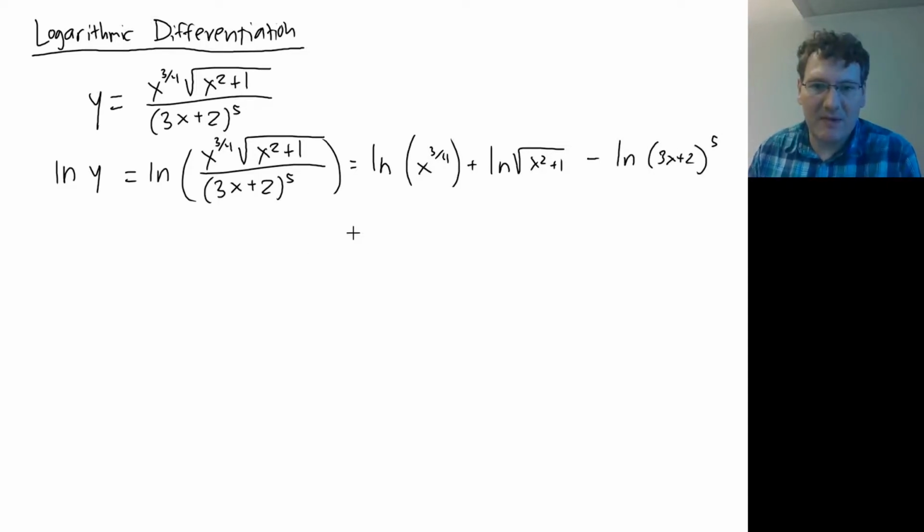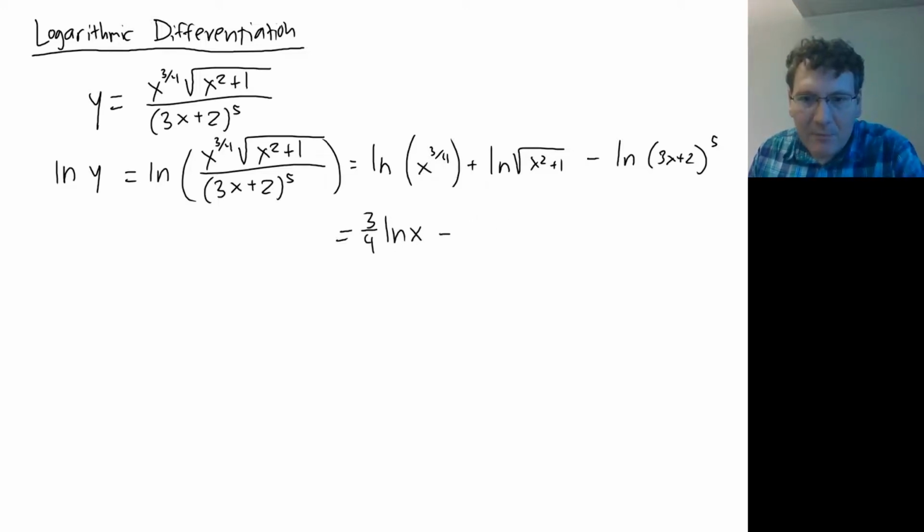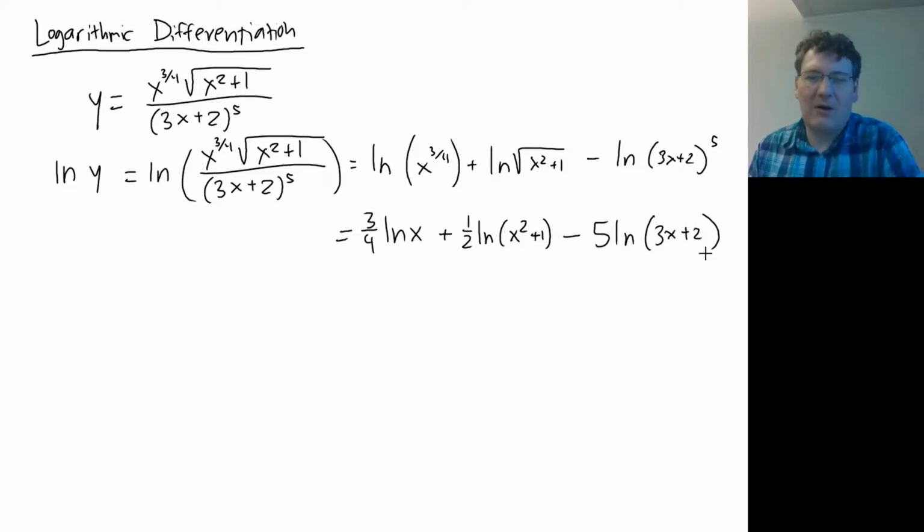But I'm not going to stop there. I'm going to keep rewriting. The natural log of x to the 3/4 is 3/4 times the natural log of x. This is going to be 1/2 times the natural log of x squared plus 1. And then this is going to be 5 times the natural log of 3x plus 2. Right? All of those powers can come down as coefficients.